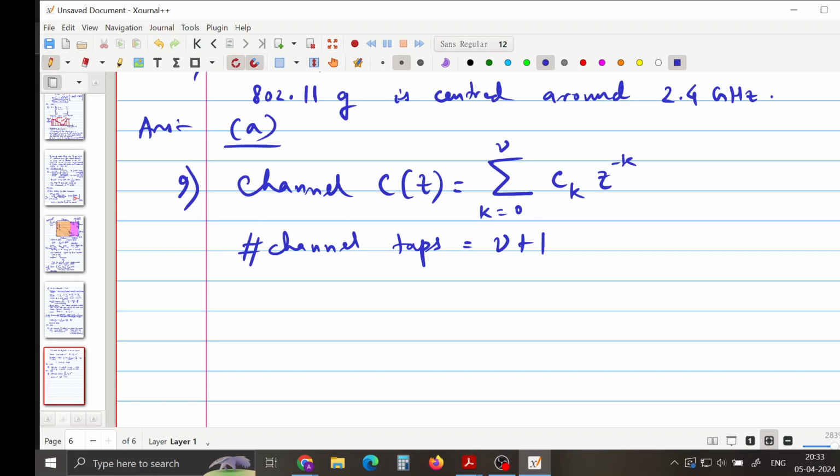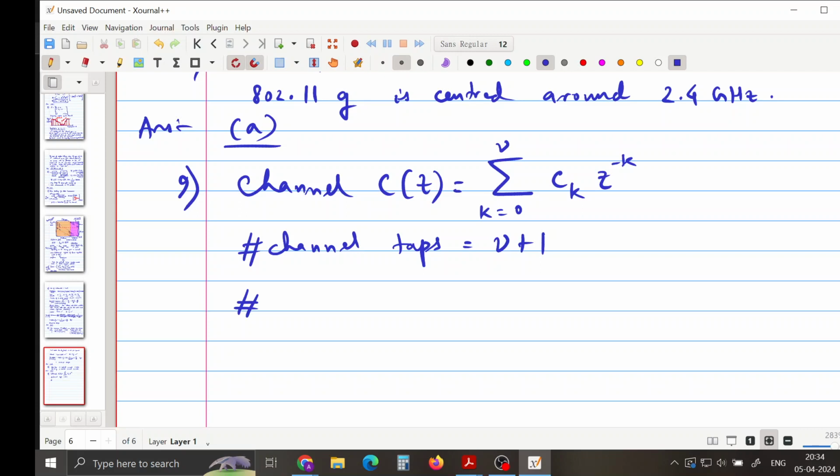In our question it is 10, and this plus 1 you can think of as the C naught term, which won't have any delay component. So you can think of it as a line of sight, the desired signal component. The remaining mu terms will have some delay component.